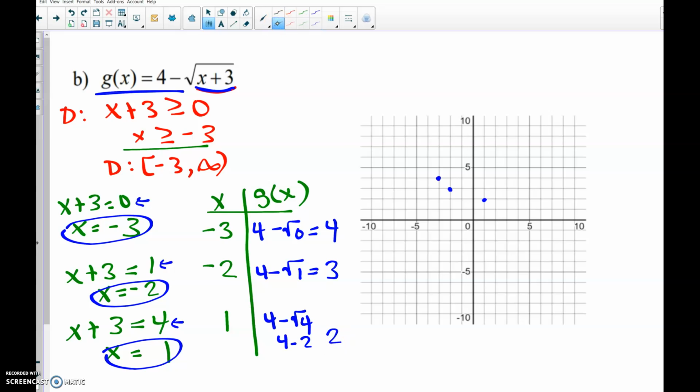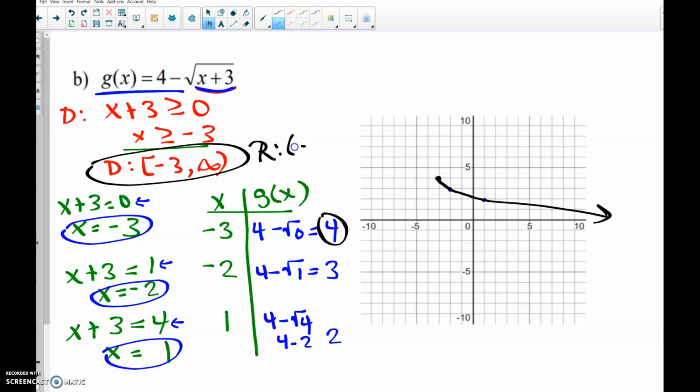I plotted my 3 points. This one here is the starting point, and the other 2 are going down. So this graph looks like this. Our domain is -3 to infinity. Our range: that value up here is at the highest point of your graph, which has a y value of 4. So our range is from -infinity to 4.